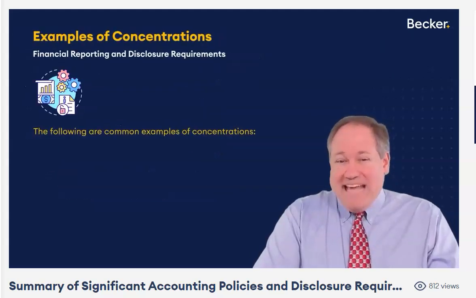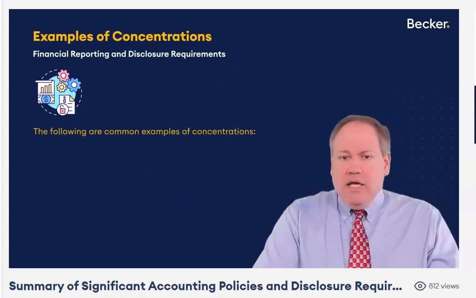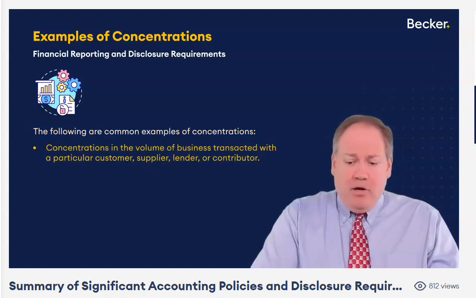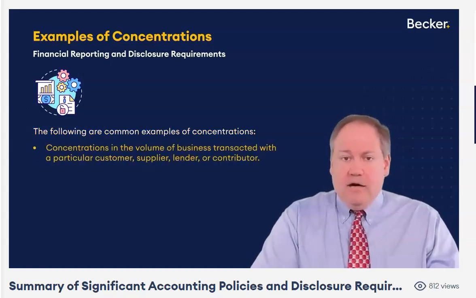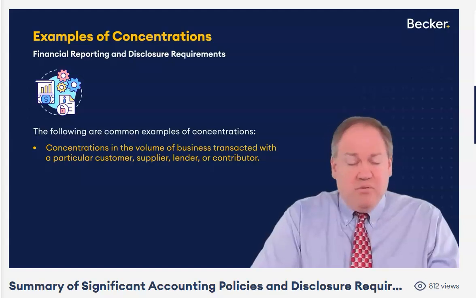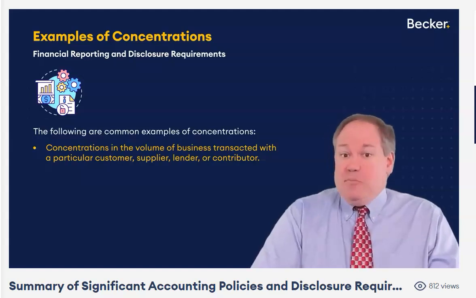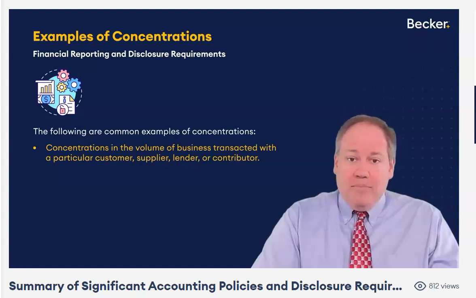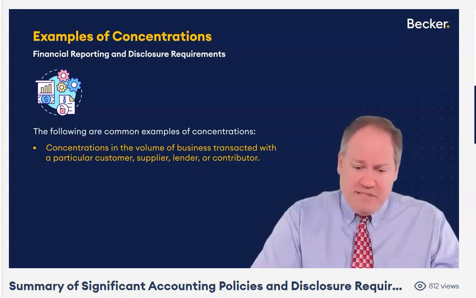So what might be an example of such a concentration? Well, it could be you're highly dependent upon a specific customer, supplier, lender, contributor, you name it. So think of it as anything in the supply chain, for example. I think a lot of companies have learned where those vulnerabilities exist, even if they weren't aware of them previously.